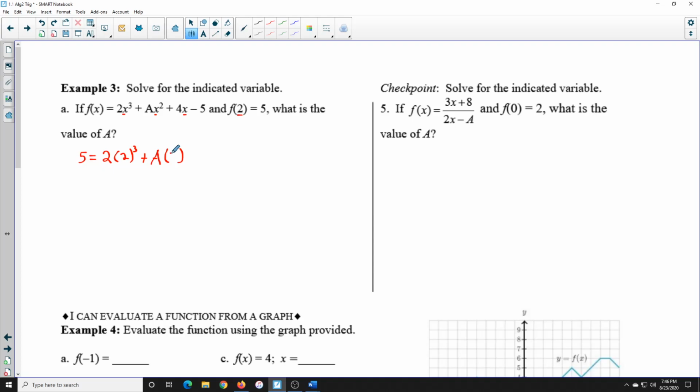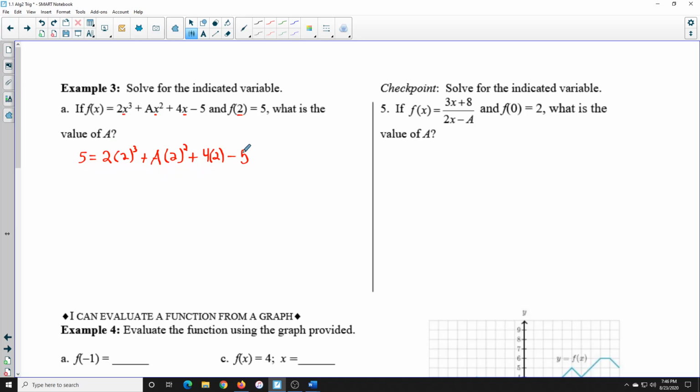And here's the x, so 2 squared, and then plus 4 times 2, and minus 5. So now that we have our y value plugged in and then we have the x's plugged in, now we can solve for a. So the first thing we need to do is clean this up a little bit and use our order of operations.